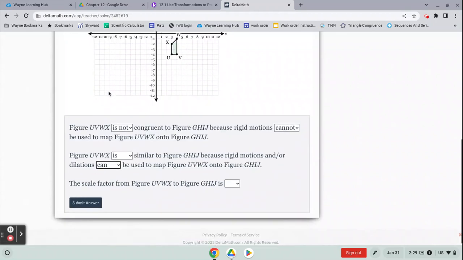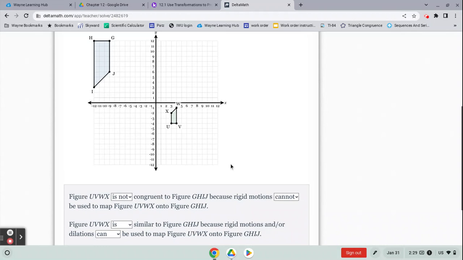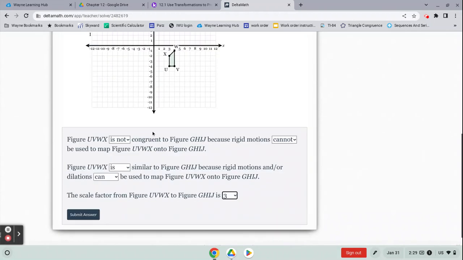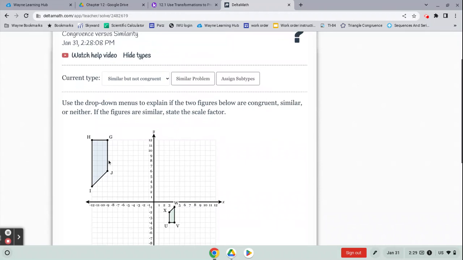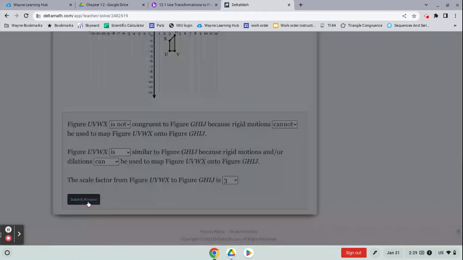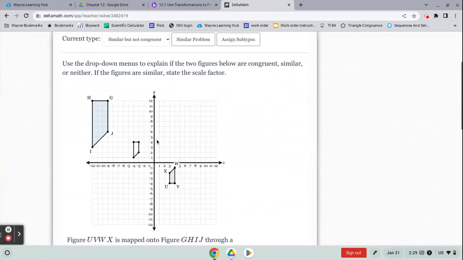It gets bigger, so you know this has a multiple of 3. Now let's make sure we understand. If the directions had said, what's the scale factor from GHIJ to UVWX, it was getting smaller, so it's always going to be less than 1. It's going to be a fraction. But that's not what we have. And then the final type I want to show, here they show the rotation and then the dilation.